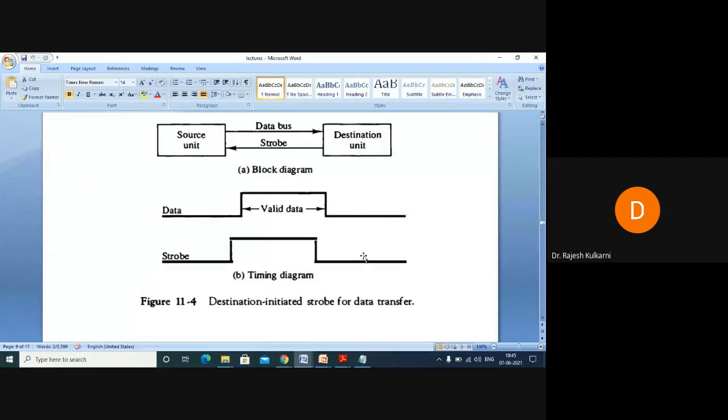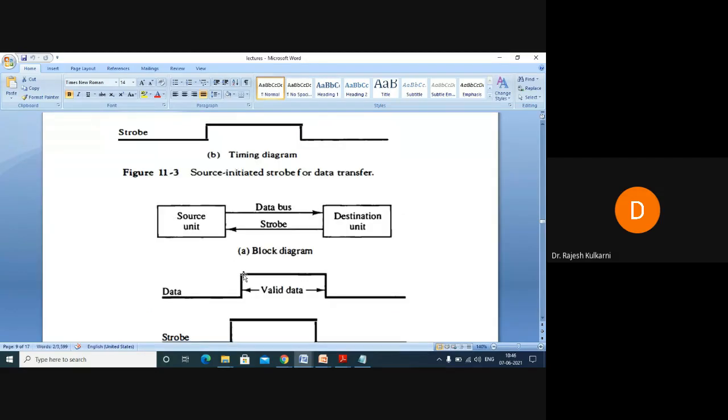And look at this destination initiated strobe. You can see the destination unit is sending the strobe first. In such a case, the source unit, after getting the strobe from the destination unit, will start sending the data.